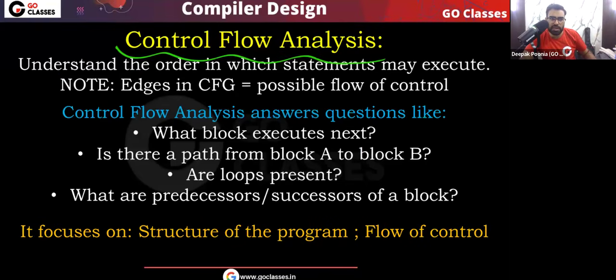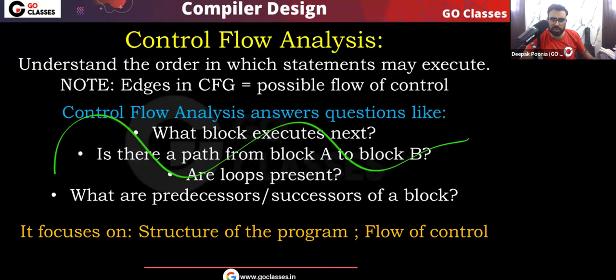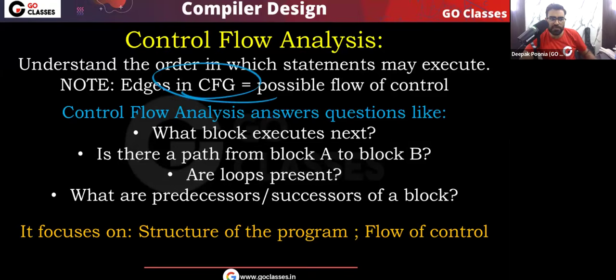So remember, what is control flow analysis? In the control flow analysis, we understand the order in which statements may execute. Basically, we want to discover the flow of control. And you can see in the control flow graph, the edges will tell you about the flow of control. Yes or no? We already know that edges in the control flow graph tell you about the possible flow of control.